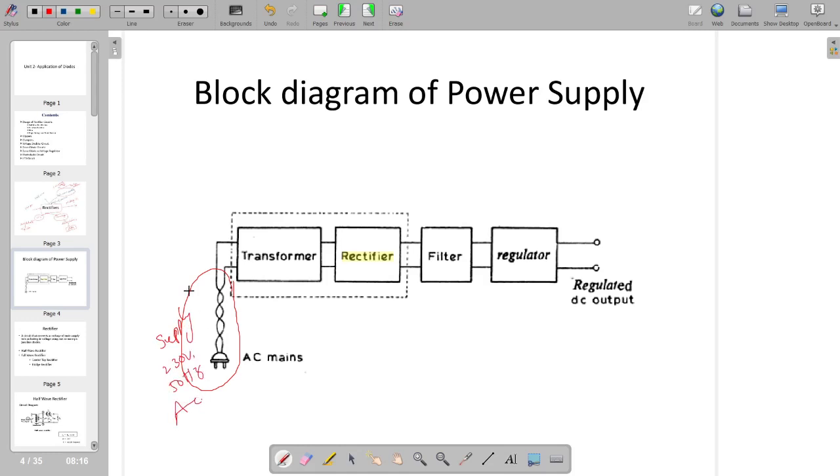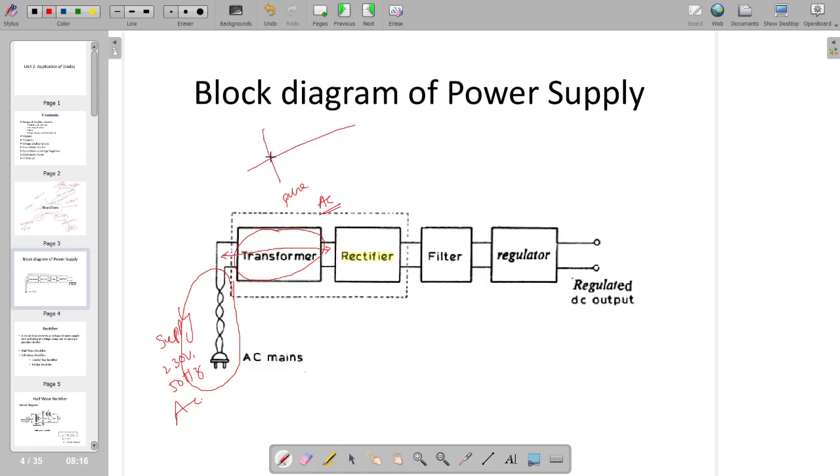This goes to the transformer, which transfers the power from one circuit to another with different voltage or current levels. Here we are getting AC as an input, and this pure AC is converted into a pulsating DC.